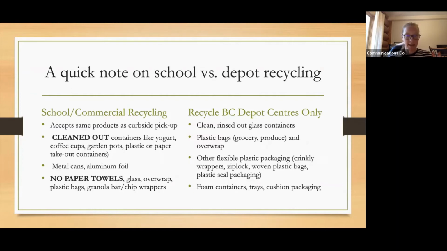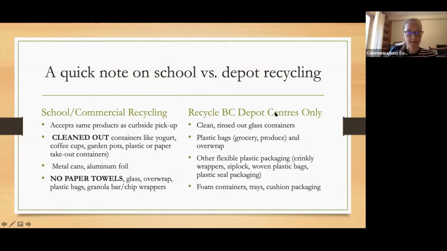All those cannot be recycled at school, but if the kids take them home, they can recycle them at the depot. Is that correct? Yes, okay. So I think this is the most confusing thing about recycling, is this idea that what you can recycle at school is not the same as at your home, or as what you can recycle at the depot.